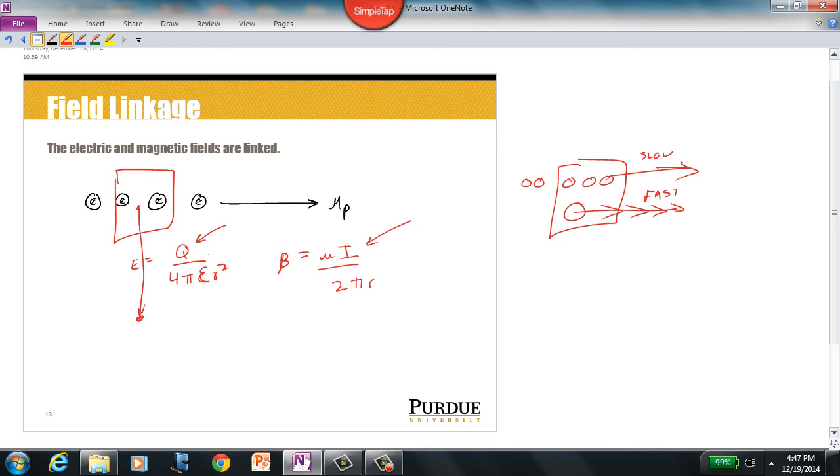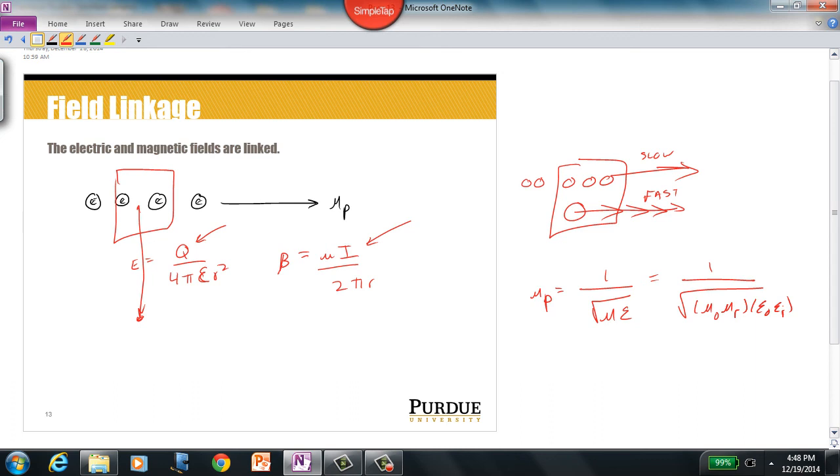And this relationship between propagation velocity, magnetic permeability, and electric permittivity can be quantified with the relationship mu sub p is equal to 1 over the square root of magnetic permeability times electric permittivity, which sometimes is written as mu 0 mu relative times epsilon 0 epsilon relative.